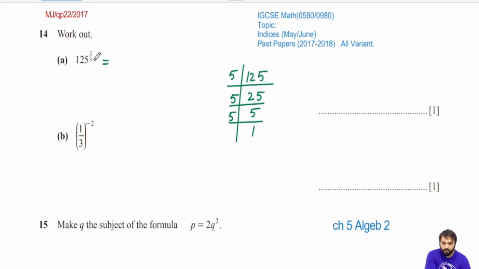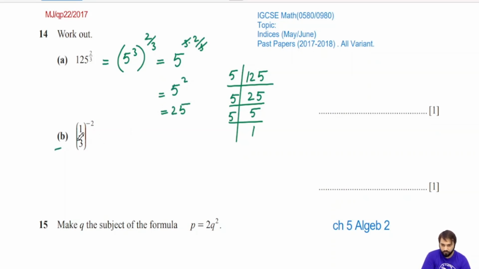I can write 125 as 5 raised to power 3, whole power 2 over 3. Power of power, we multiply the powers, and we can see we have 3 in the numerator and denominator. We can cancel them. We are left with 5 raised to power 2, which can be written as 5 into 5, that is equal to 25.